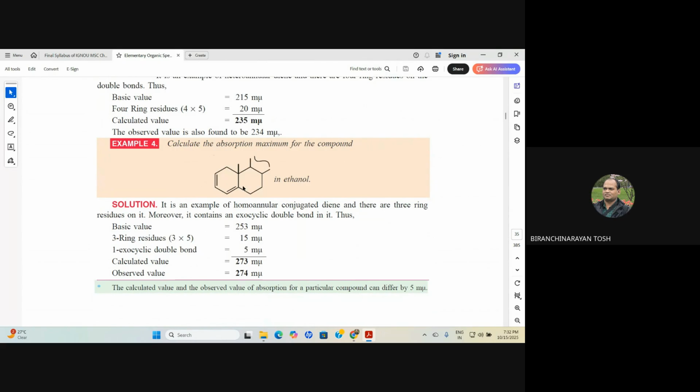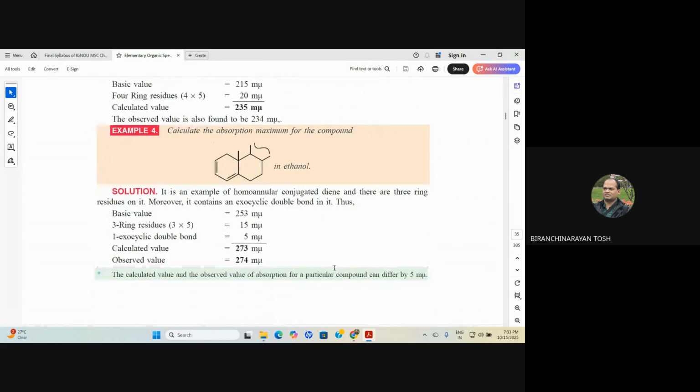Exocyclic double bond is also there. 3 ring residues, 1, 2, 3. Here 2 and 3. So 3 ring residues, 15, 253, 1 exocyclic double bond 5, so 273. Observed value is 274.